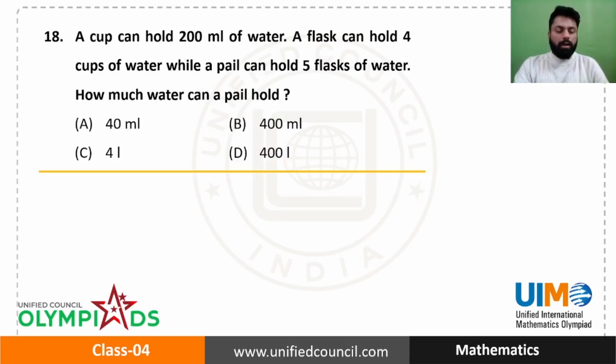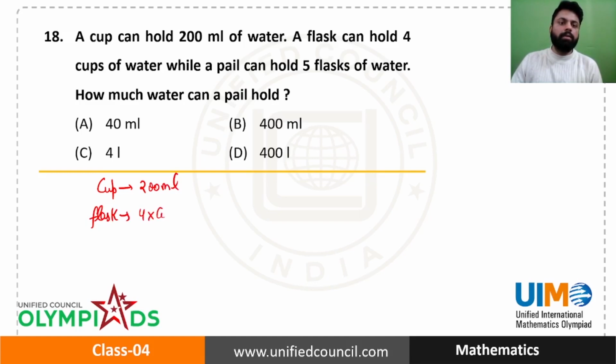Next one. A cup can hold 200 ml of water. A flask can hold 4 cups of water. So cup is 200 ml. Flask is 4 multiplied by the capacity of cup, that is 4 multiplied by 200, which is 800 ml.